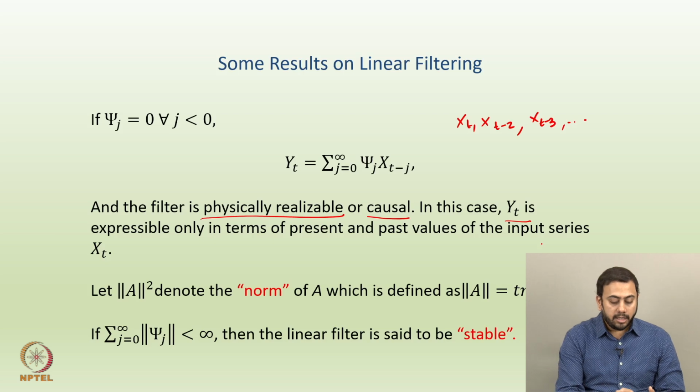Now, another definition we will put forward is when can we say that a linear filter is stable. For that we require another ingredient called a norm.